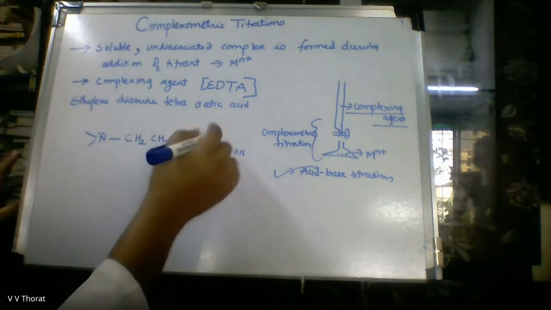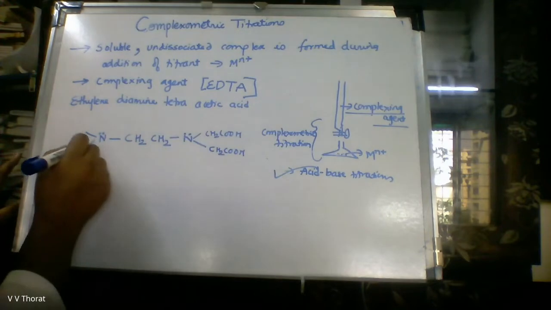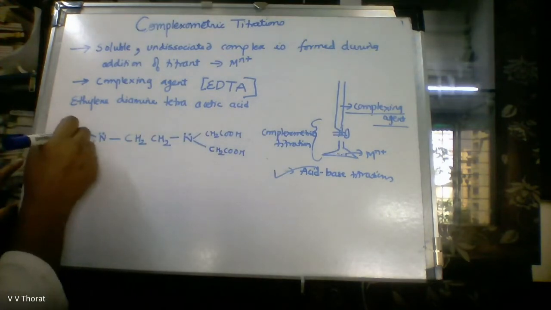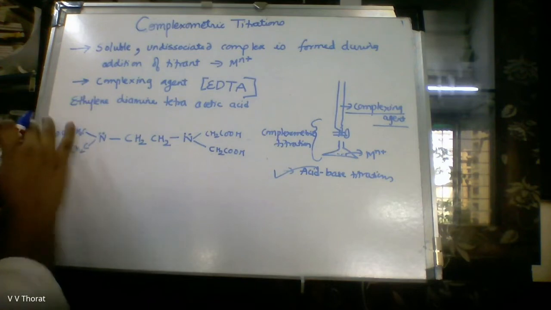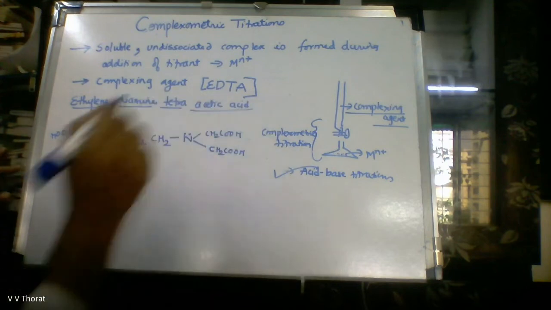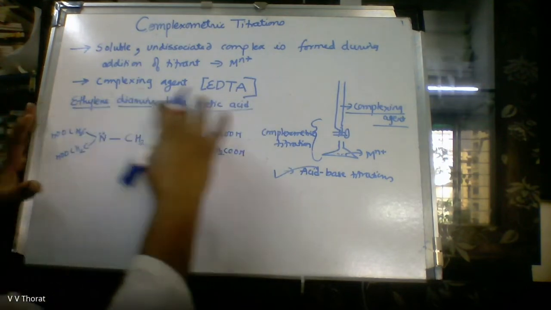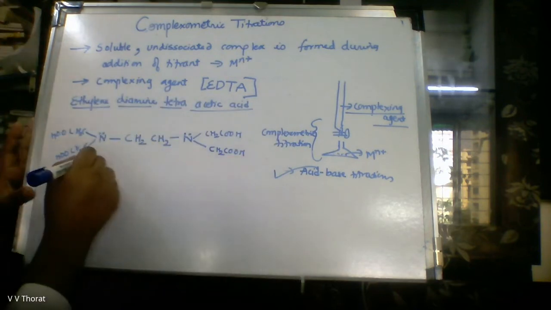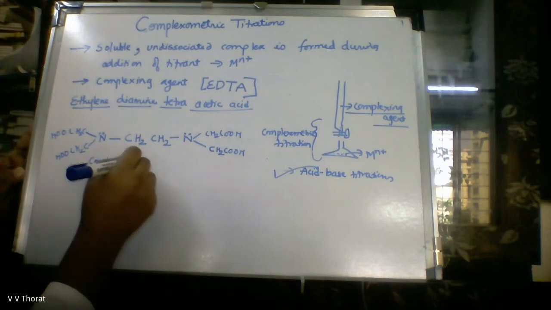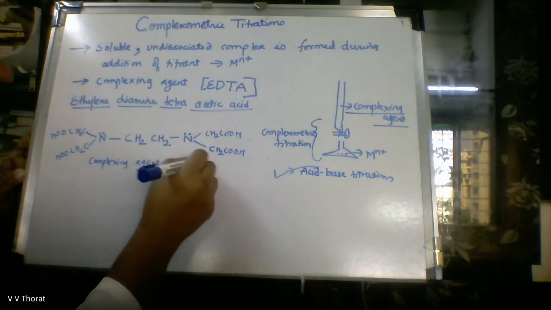When you attach it over here, you get this acetate group, CH2COOH, CH2COOH. So this is the formula of ethylene diamine tetraacetic acid. Now this is a complexing agent, and it is usually filled in the burette.